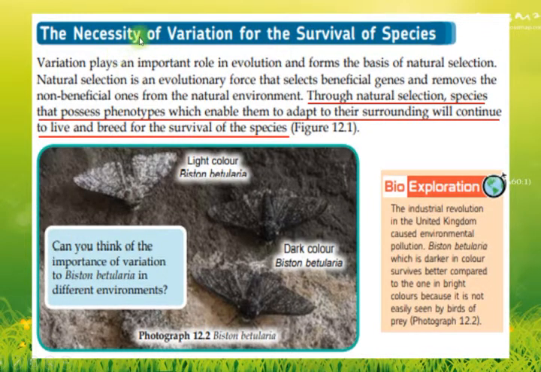So let's go to the necessity of variation for the survival of species. Why is variation important? One of the important reasons is for the survival of the species. Variation plays an important role in evolution and forms the basis of natural selection. So what is natural selection? Natural selection is an evolutionary force that selects beneficial genes and removes the non-beneficial ones from the natural environment.